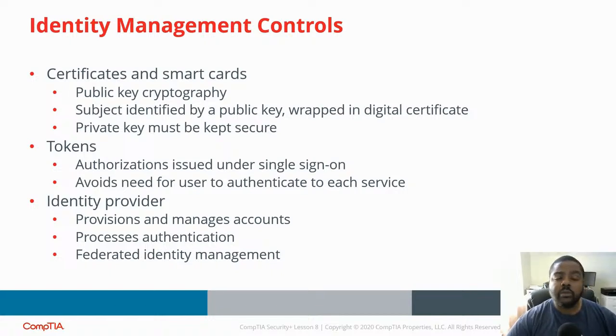We can also use tokens, and tokens will give us this type of validation that this person is who we say they are, because we may have given them a username and password, but we also assigned them a token to actually validate the username and password. So we can use those things.